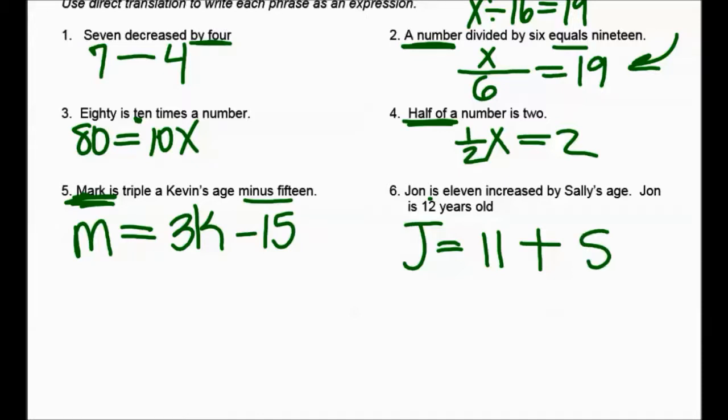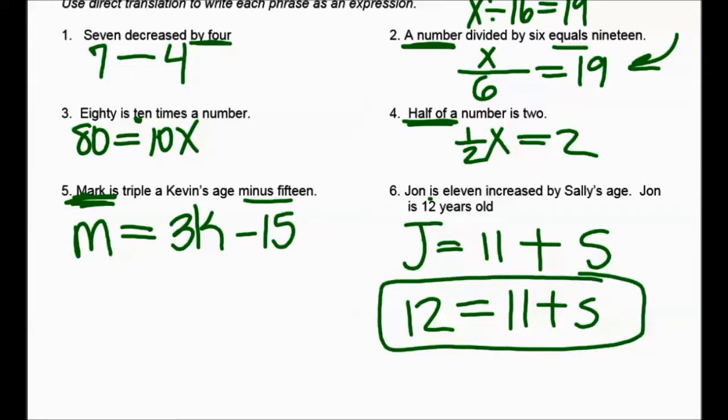So we can use S for Sally. But now they tell us that John is 12 years old. So now they actually give us our age. So instead of using that J, we know that J equals 12. So instead of writing J, we're going to write 12 equals this other stuff.